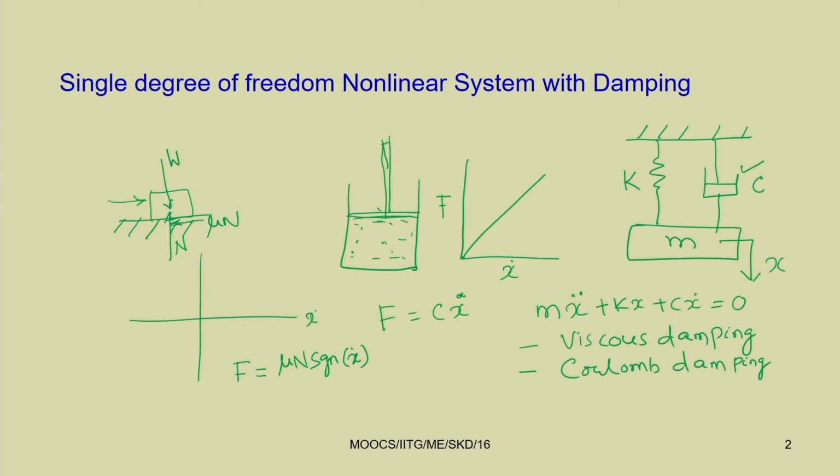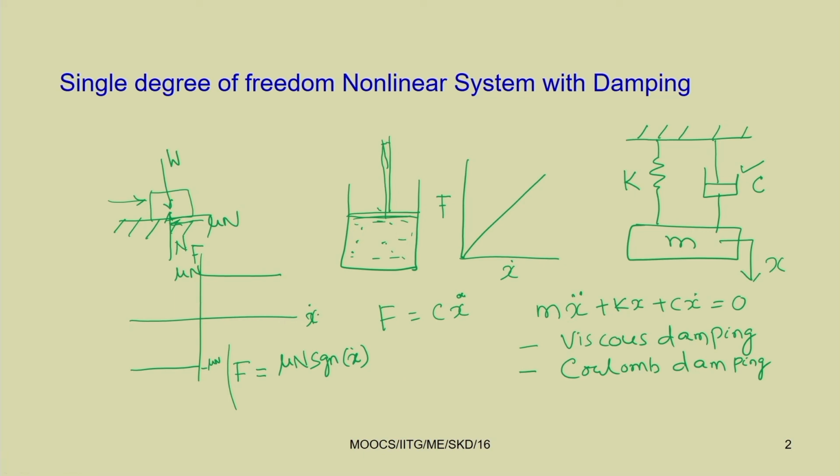If we plot the velocity x dot versus the friction force F, it will have a value of plus mu N for x dot greater than 0 and minus mu N for x dot less than 0.